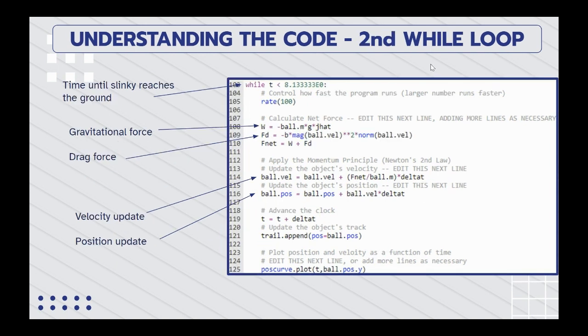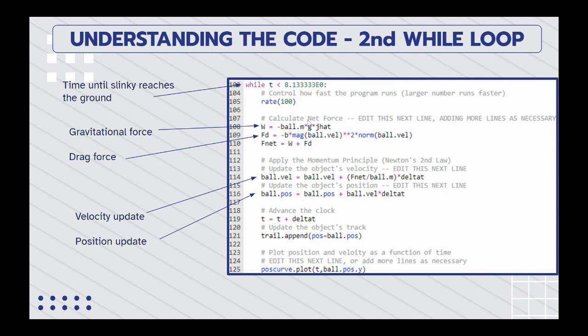And so our second loop is when the slinky is already falling down, because it's not stationary anymore. That means the net force is not 0 anymore, which means the drag force is then applied. It's pretty much the force of the air resistance.